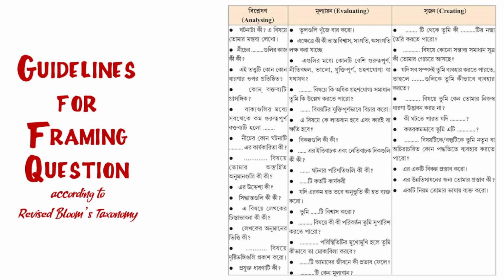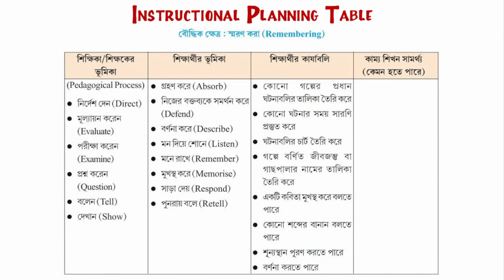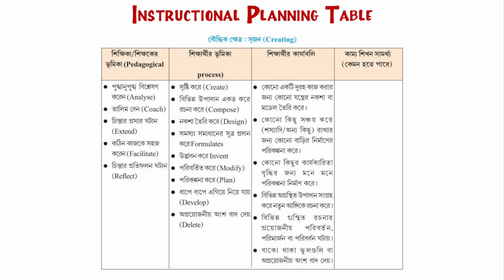And these are analyzing, evaluating and creating. Now this is the instructional planning table related to remembering. The instructional design table related to understanding, analyzing, applying and evaluating. And finally, this table is for creating.